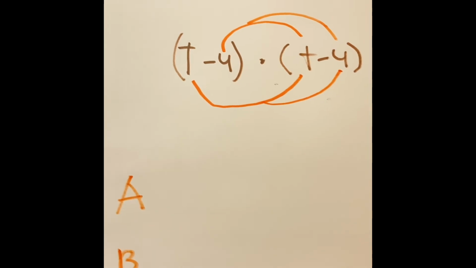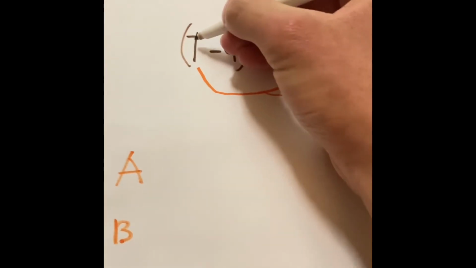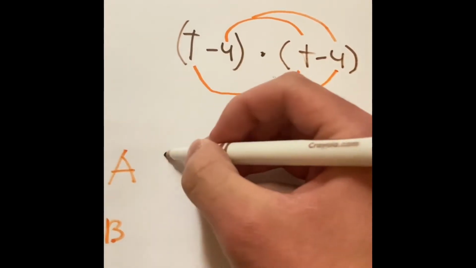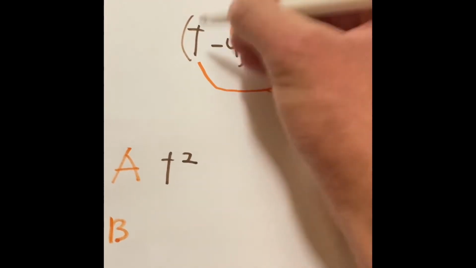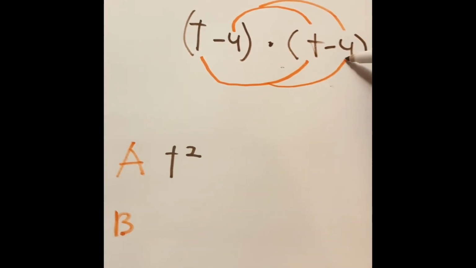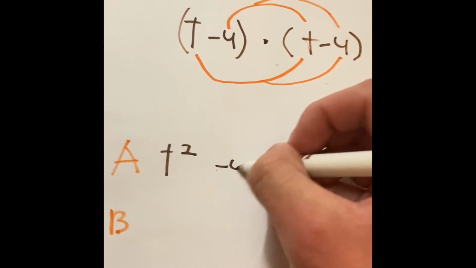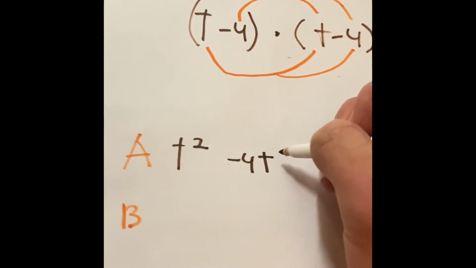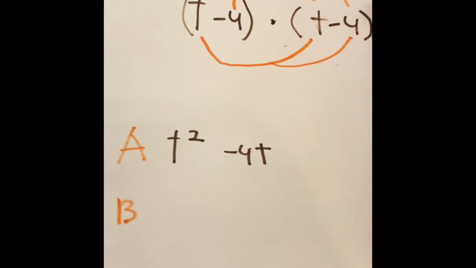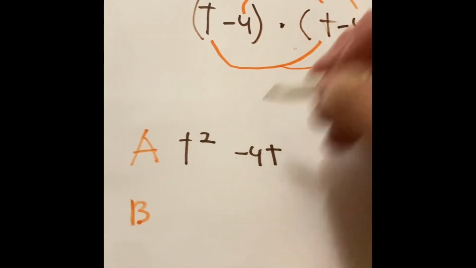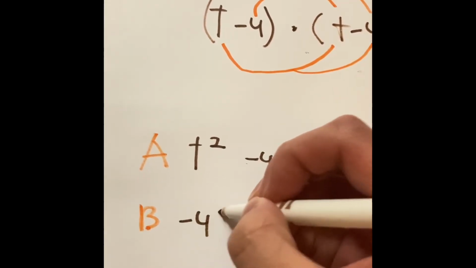So let's get started. T multiplied by t is t squared. And t multiplied by -4 is -4t. On the bottom one, -4 multiplied by t is -4t.